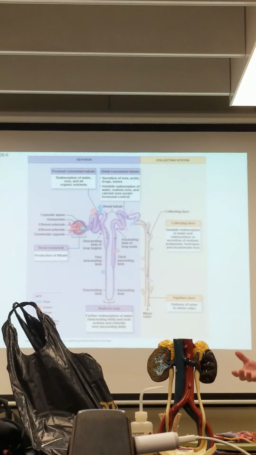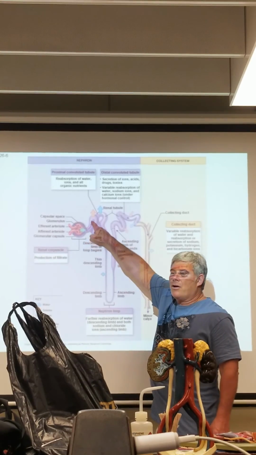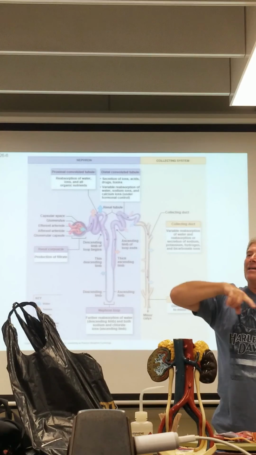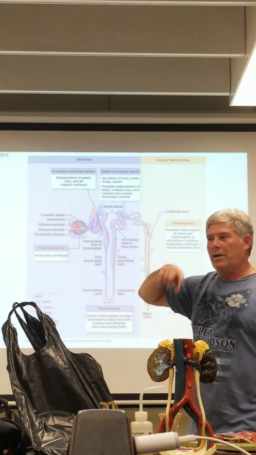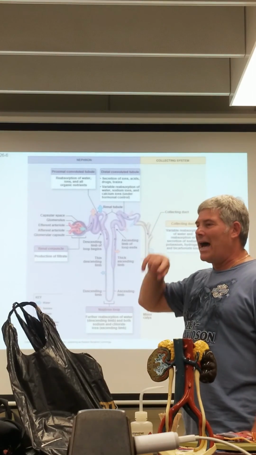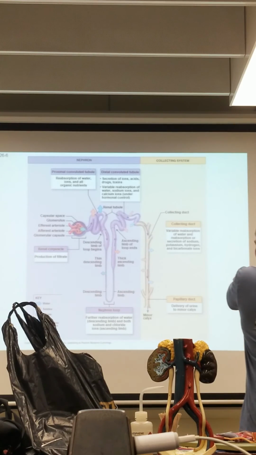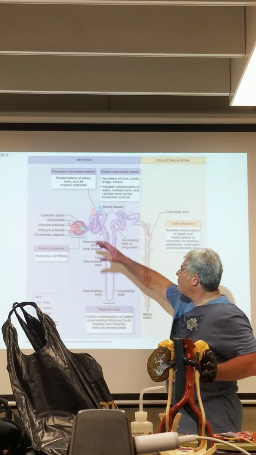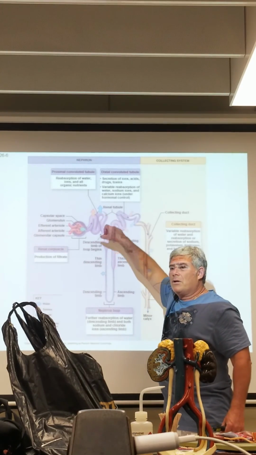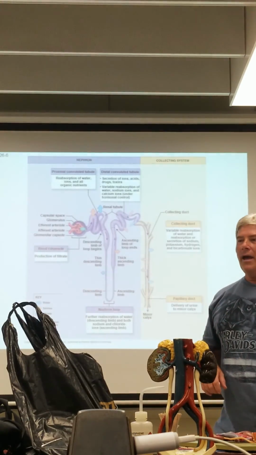Now, that fluid, guys, now enters the first part here of the tubule system, and you'll see that it has a lot of turns to it. That is called convoluted. Convoluted, guys, means it's bent upon itself, okay? So right here, guys, closest to the glomerulus, these are called the proximal convoluted tubule, okay?